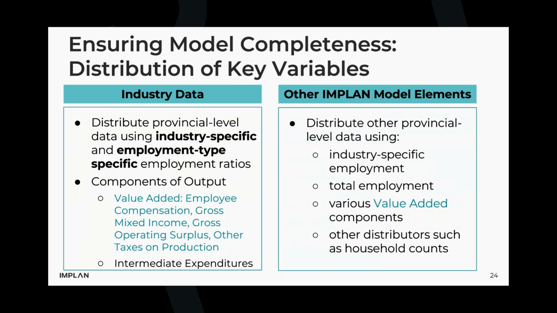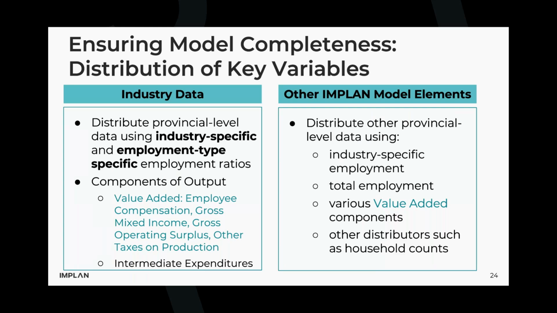We then leverage other data, including industry-specific employment, total employment in the economic region, various value-added components, such as employee compensation or gross mixed income, which is functionally proprietor income, and other data, such as household counts, to allocate other provincial level data elements to their respective economic regions.